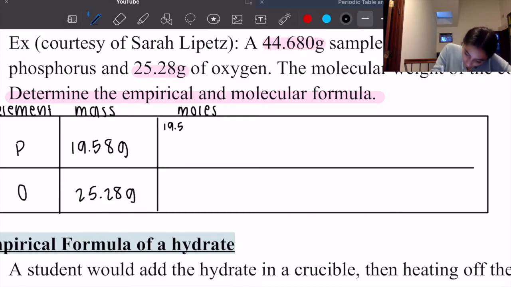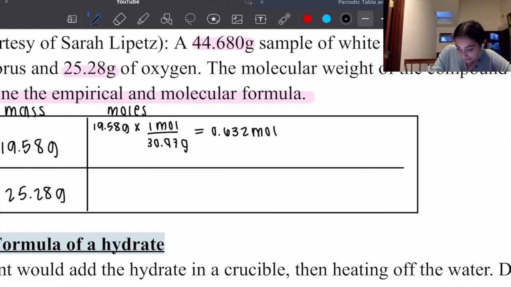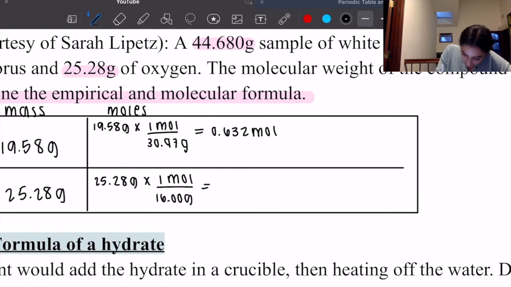So if you multiply 19.58 grams times 1 mole over 30.97 grams, which is the molar mass of phosphorus, we're going to get 0.632 moles.